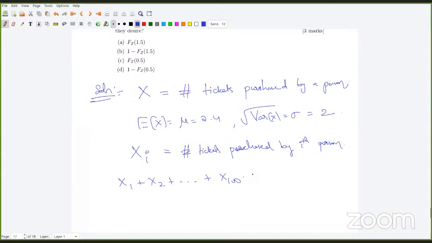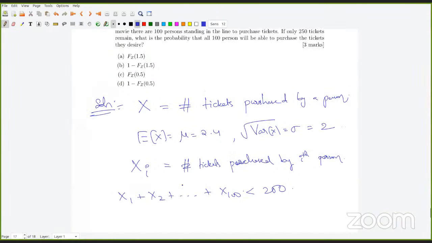If this sum is less than 250, then all the 100 persons standing in the line can purchase the number of tickets that they desire. If this sum is greater than 250, then a few people cannot get the number of tickets that they desire. So we are asking the probability of this particular event.